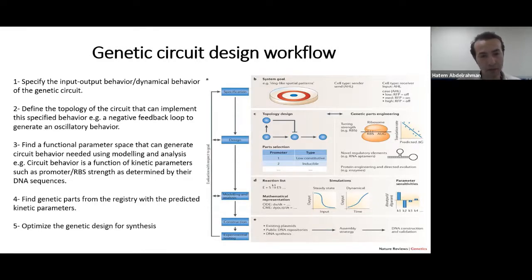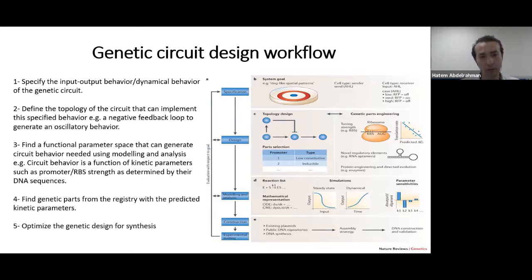Then after you find the topology, which is the abstract structure of your genetic circuit, you start thinking about what genetic sequences are optimal for this architecture. You have many sequences to choose from, but what are the sequences that are optimal for our design, that will generate the proper amplitude, for example, or the proper period for our genetic circuit? So we need to figure out what promoter strengths, what ribosome binding site strengths, and also terminator efficiency, things like that.